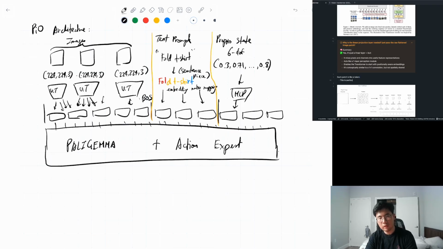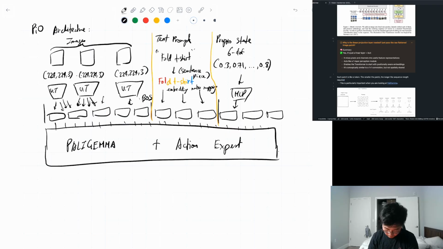So the smaller your patches, the more tokens you're going to eat up. This is particularly important when you are looking at longer sequences. Okay, so yeah, this could be done better.